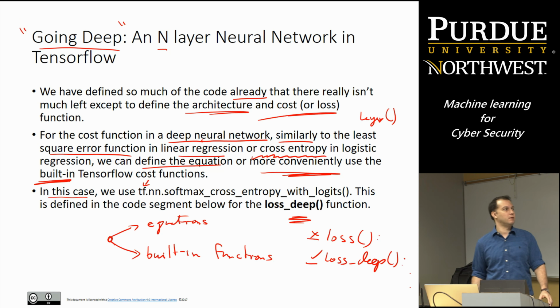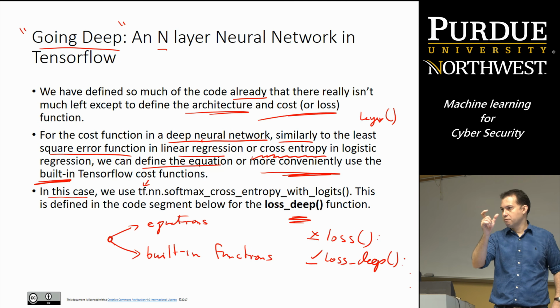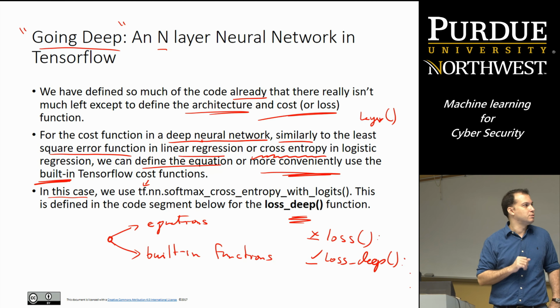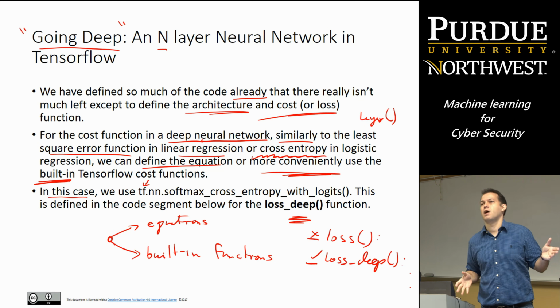So notice that in your code you can have the regular loss when you're doing logistic regression, or you could also have loss deep, and that just tells you, this is what I'm going to use whenever I want to do deep neural nets. You can also do inference deep, hidden layer 3, and that's an architecture of 3.